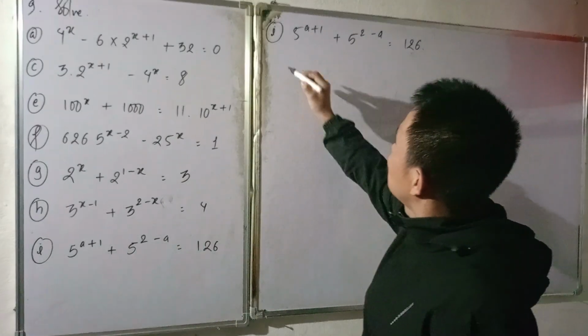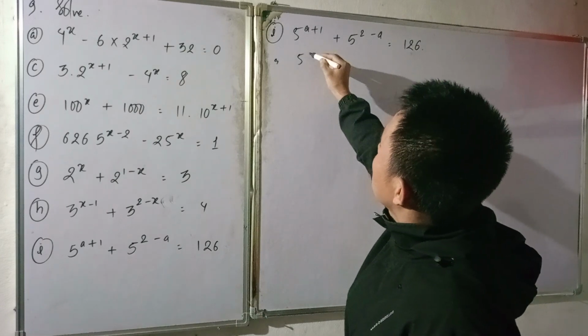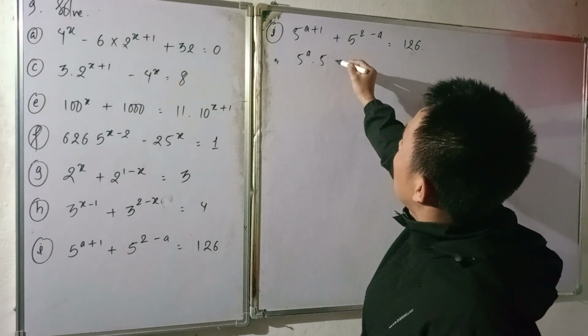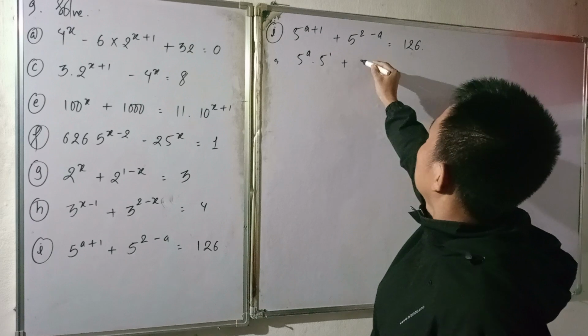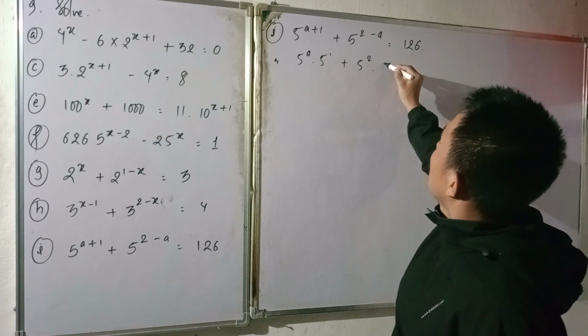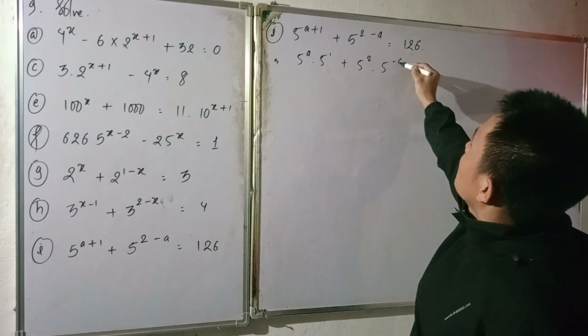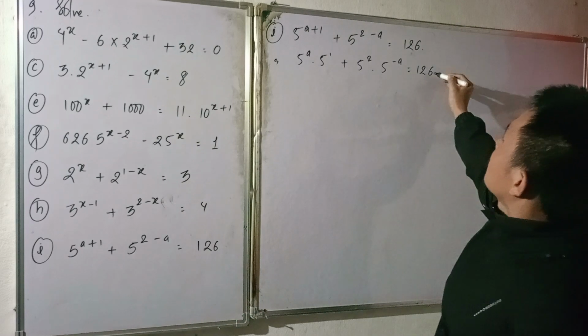So you can see here, try to disintegrate this. 5 power a, 5 power 1 is the same. 5 power squared dot 5 power minus a is equal to 126.